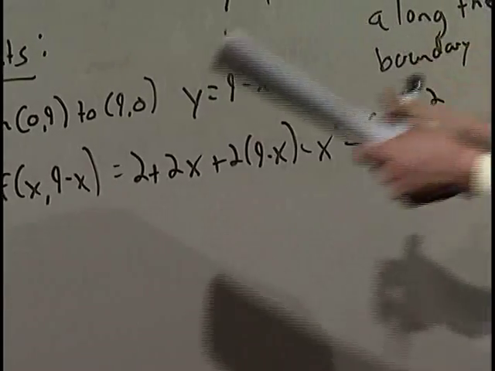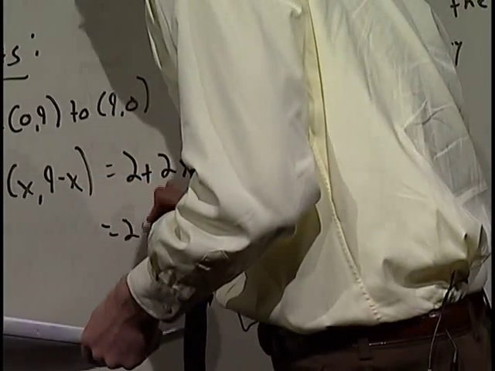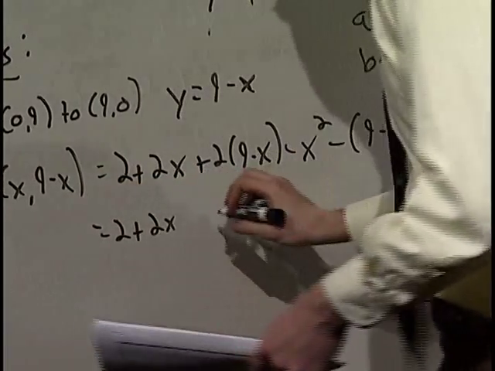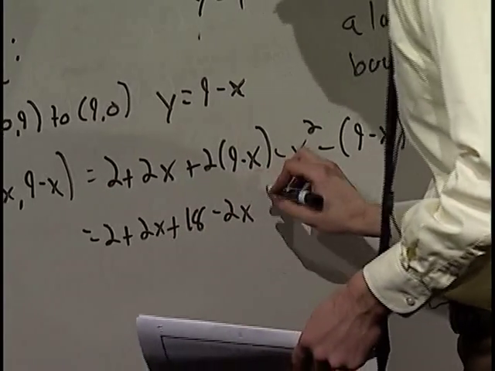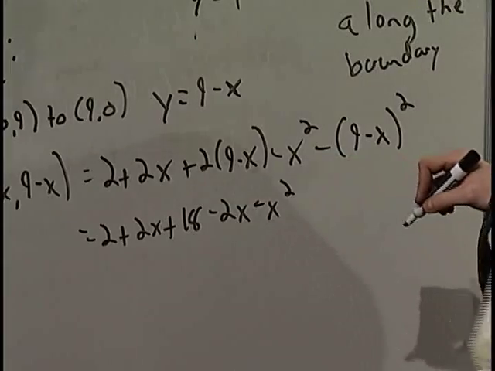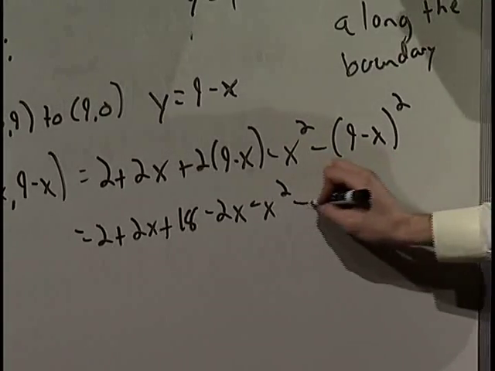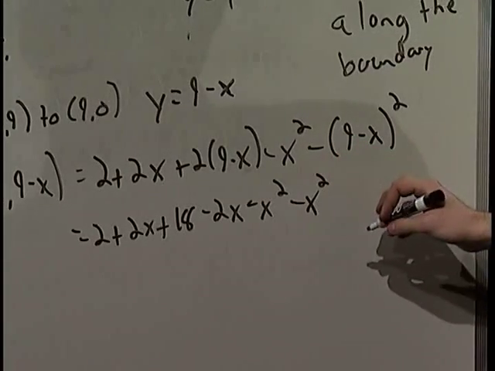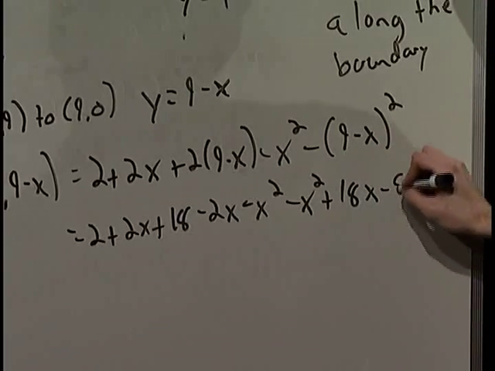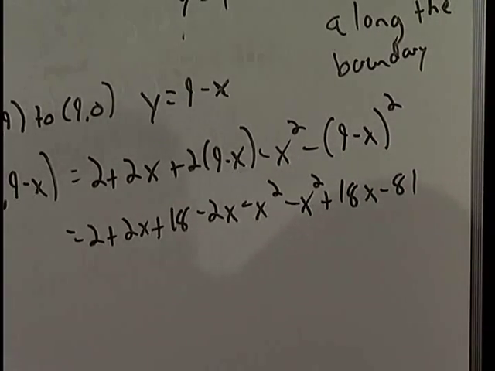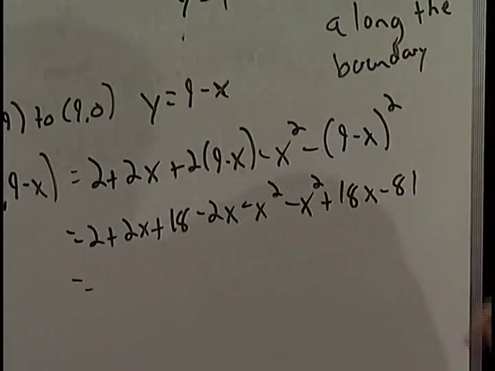So if you do all that out, what do you get? 2 plus 2x plus 18 minus 2x minus x squared. Let's see, this is a minus x squared and a plus 18x and a minus 81. Okay, combine all that up.